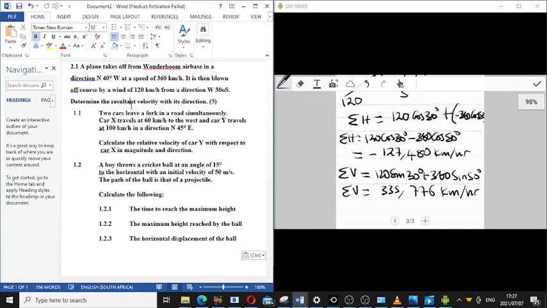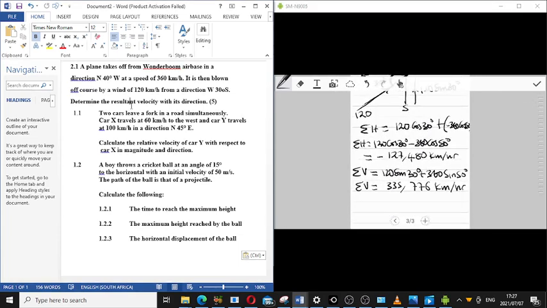So now, after we are done with this, we say the resultant. This is the summation of the vertical component, this is the summation of the horizontal component. The resultant is equal to the square root of the summation of the horizontal component squared plus the summation of the vertical component squared.